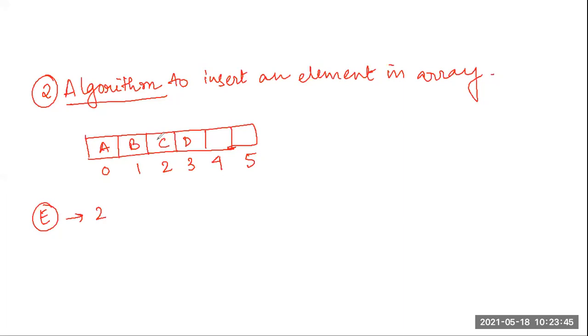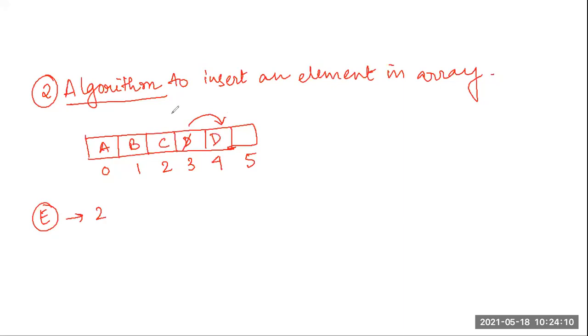In an array, the problem, as we studied in the disadvantages of arrays, is that when I want to insert any element, I need to shift all the elements. First I shift this element to this location, then this location will be vacant. Now D is here.